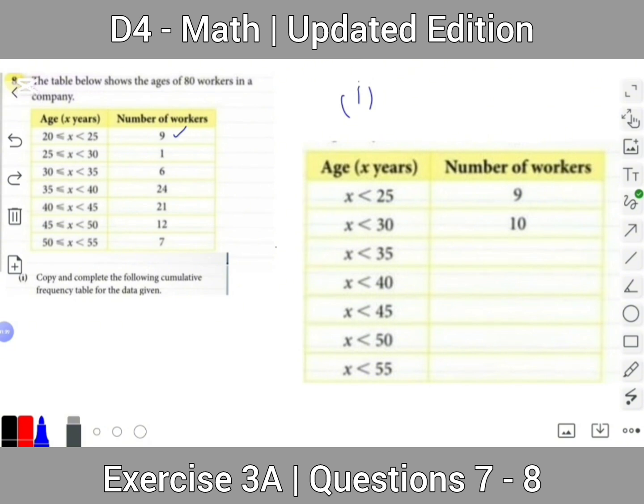Okay, but here there are changes in the case of a cumulative frequency table.